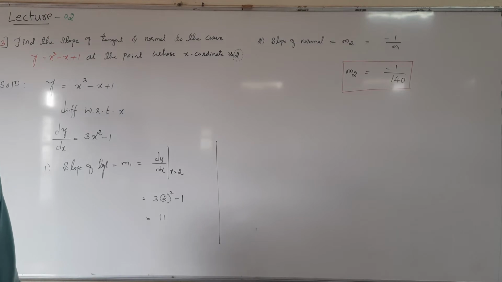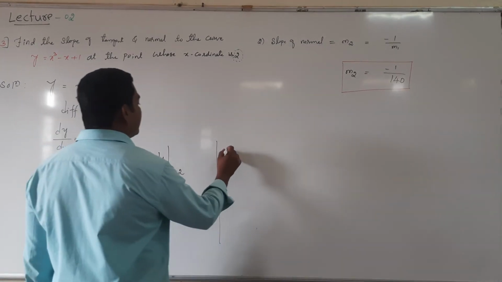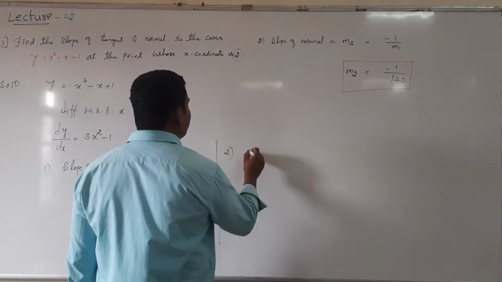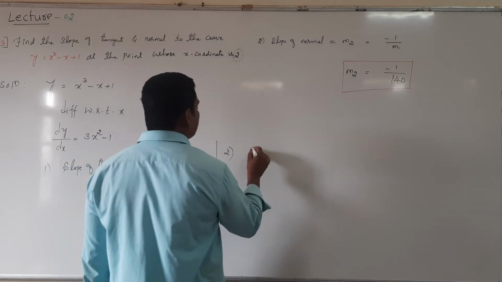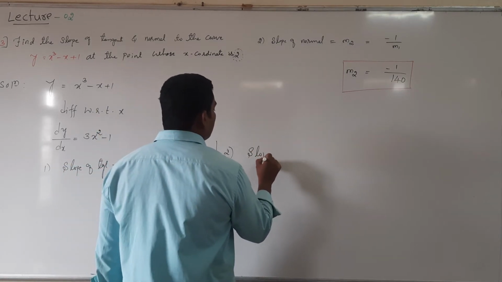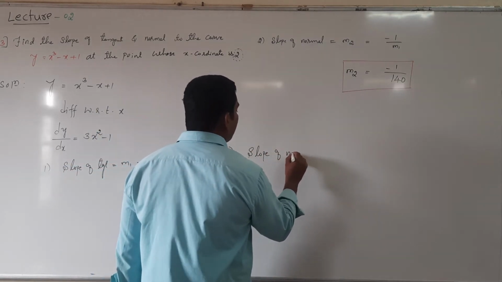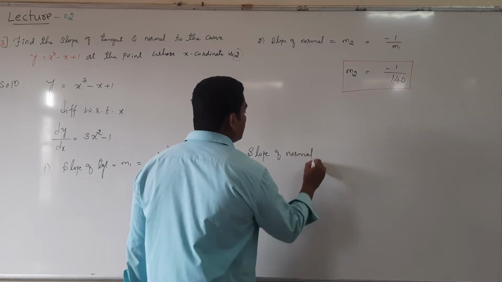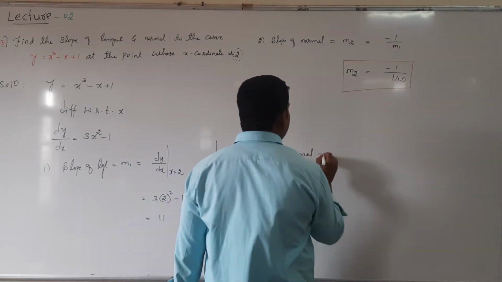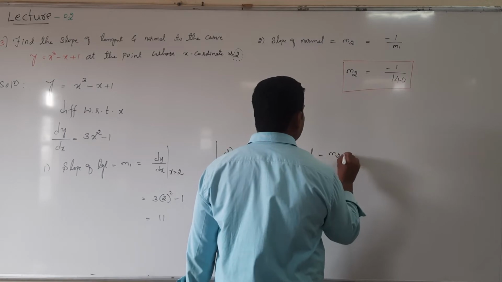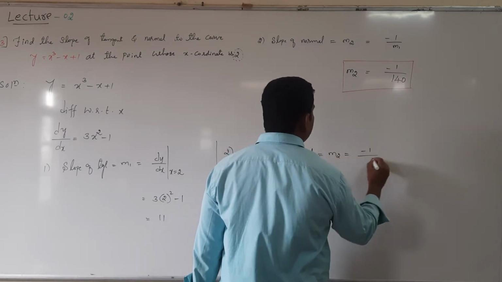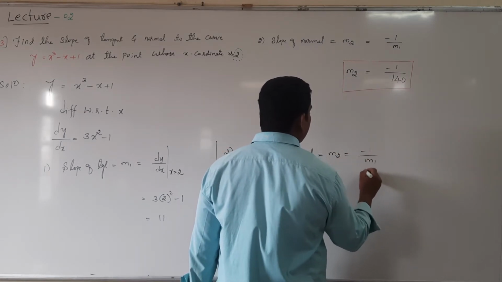Then what is the slope of the normal? Second, we need to write the slope of the normal. Slope of normal line is denoted with m2. m2 is equal to minus 1 divided by m1.